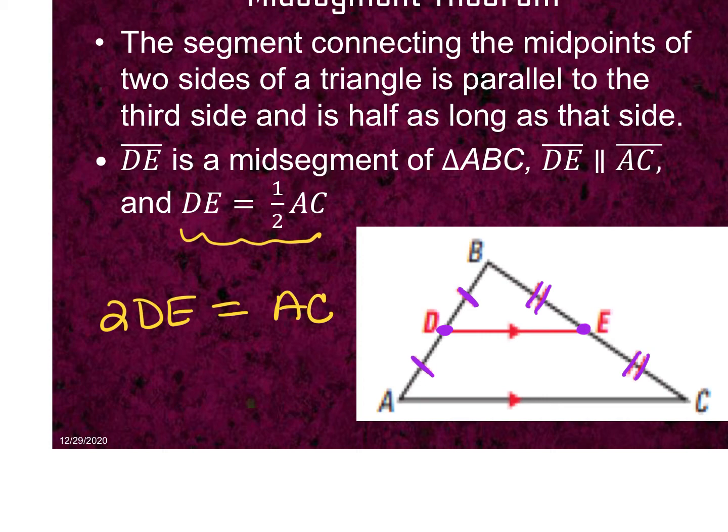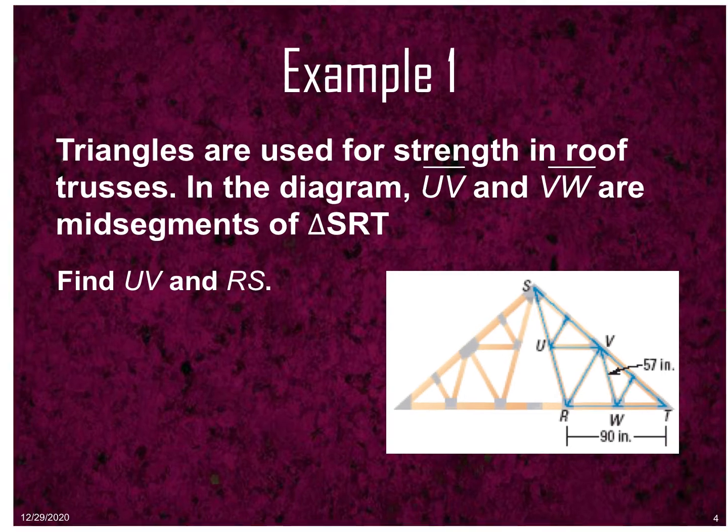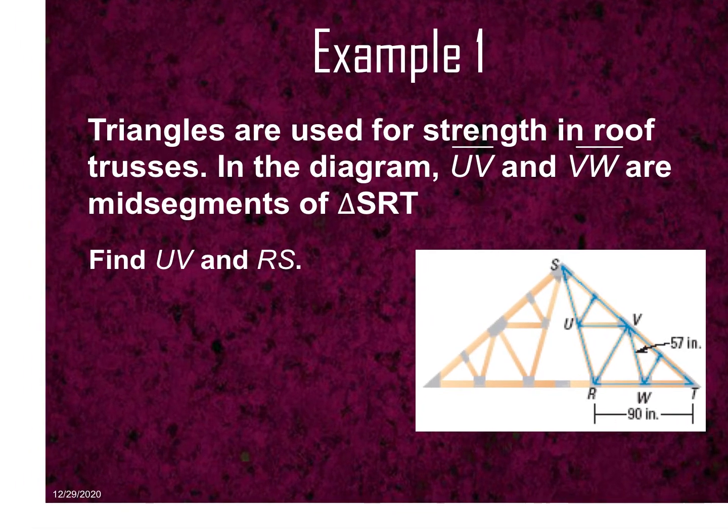So let's look at our first example. This one is telling us that triangles are used for strength in roof trusses. In the diagram here, UV and VW are mid-segments of triangle SRT. So I'm going to go ahead and outline triangle SRT in blue here, S to R to T. Here is the triangle they're referring to.